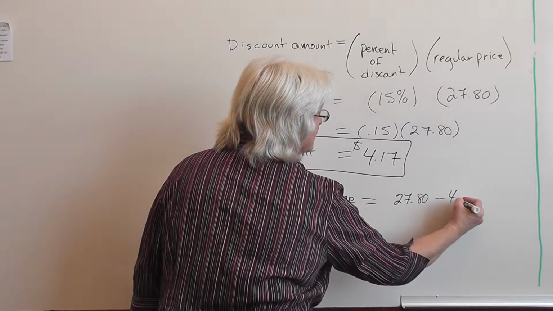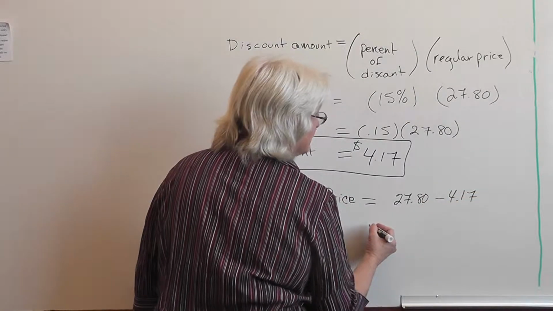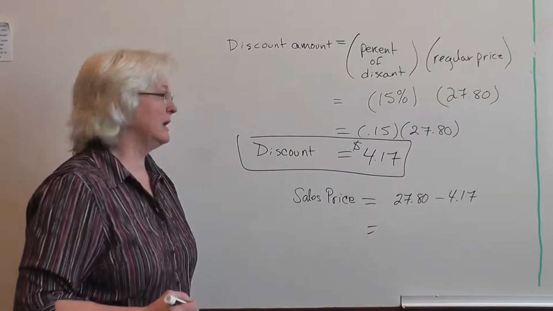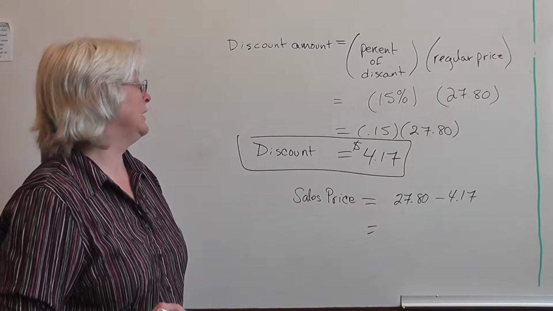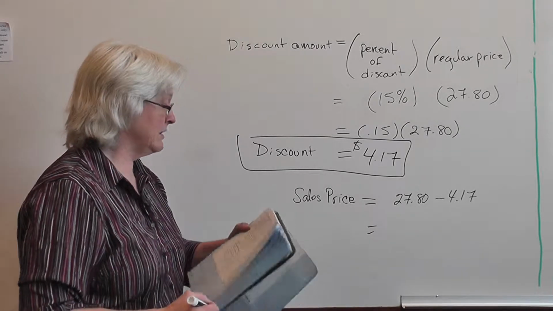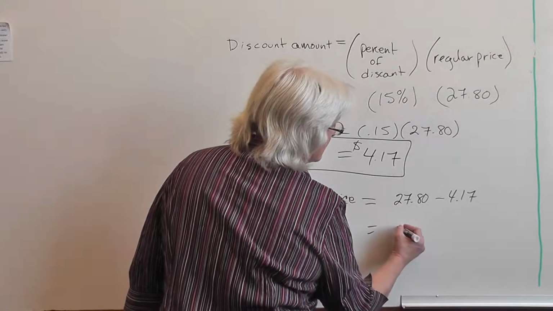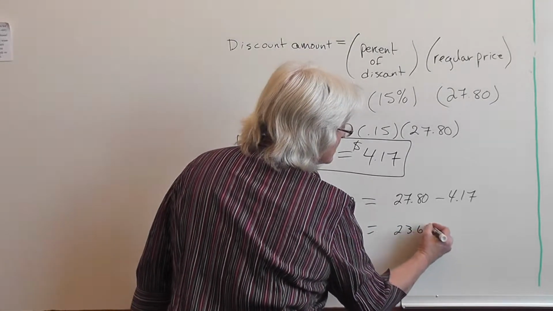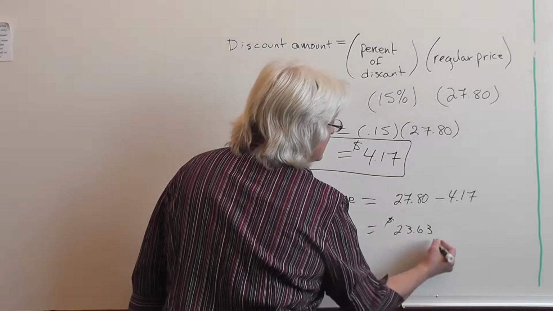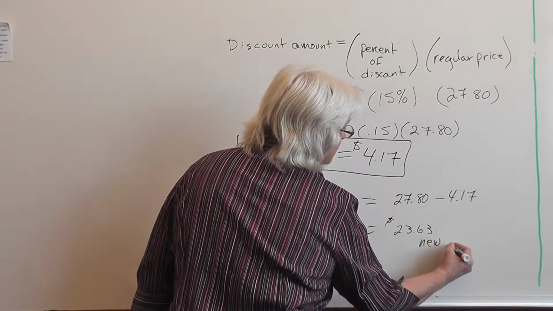You subtract a discount of $4.17, and you're going to end up with what? $22.63? $23.63, sorry. $23.63 is the new discounted price.